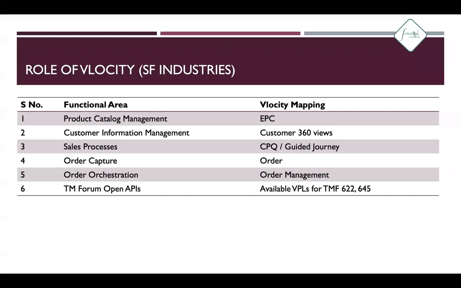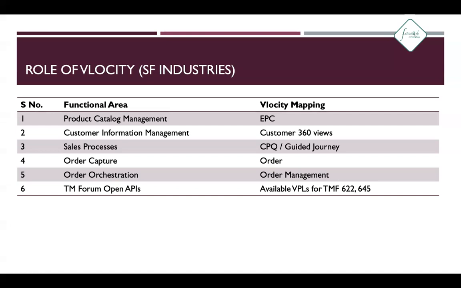The order capture would map to the order object that Vlocity uses. Interestingly, Vlocity has built up the data model, though they still stick to the standard objects. They use the standard object for product, the Product2 object.